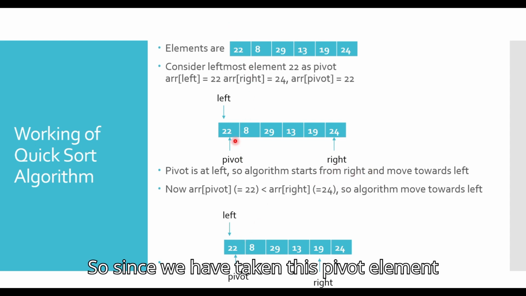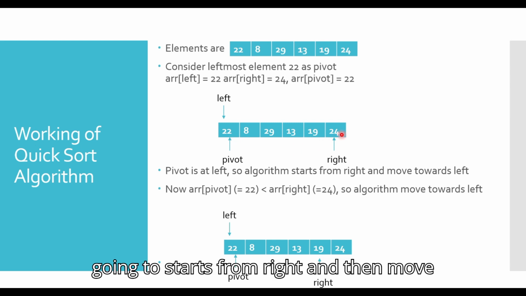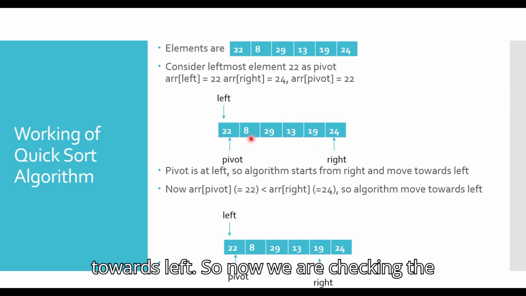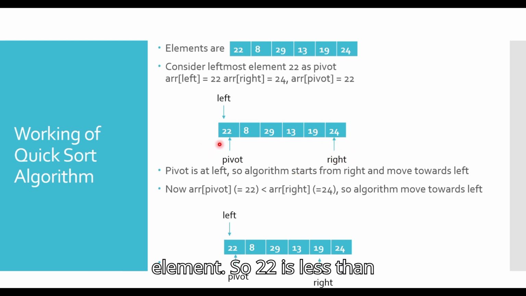Since we have taken the pivot element from the left side, the algorithm starts from the right and moves towards the left. Now we check the pivot element against the right element. 22 is less than 24, so the algorithm moves towards the left.